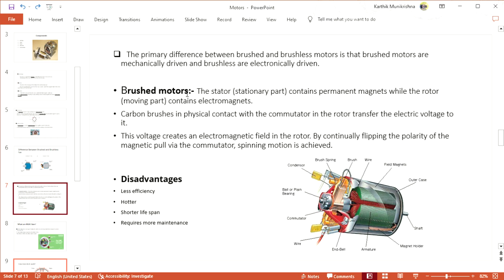In a brushed motor, the stator is a stationary part which contains the permanent magnetic field, when electromagnetism is produced. There are some disadvantages also: less efficiency, hotter, shorter lifespan, and it requires more maintenance.